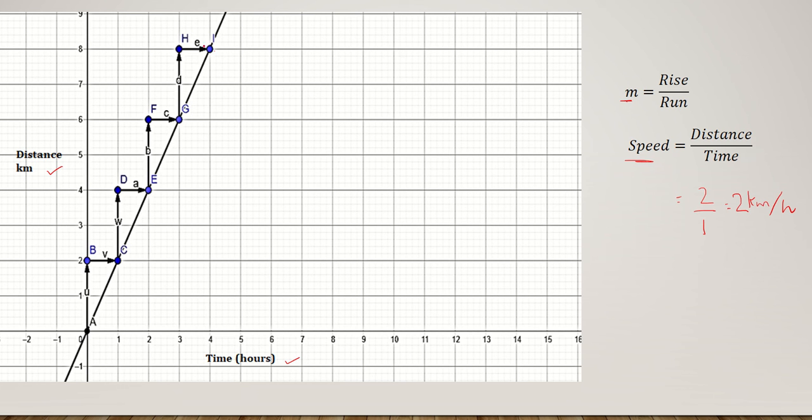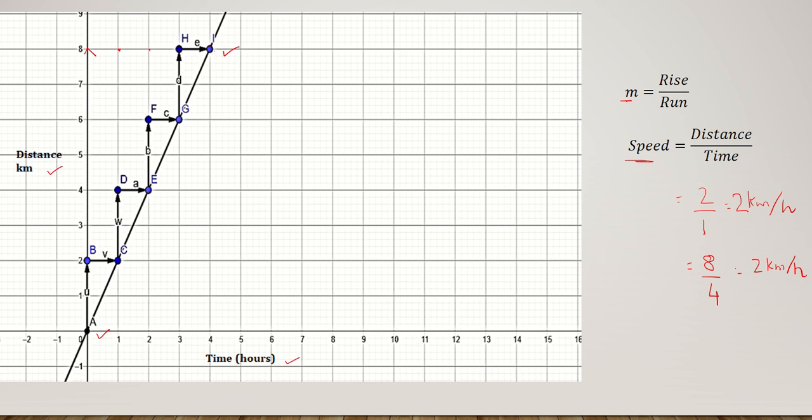Now if I take this point and the last point, what is the rise from here till here? It is 8. What is the run? 1, 2, 3, 4. So 8 km divided by 4 hours will give me 2 km per hour speed.